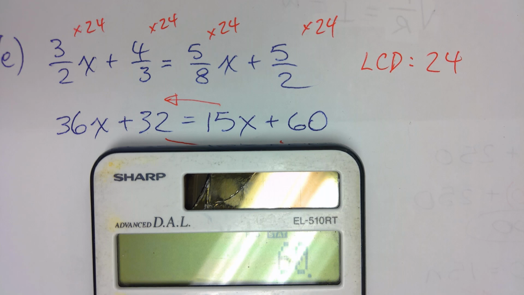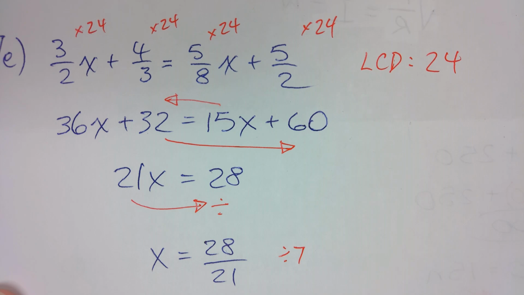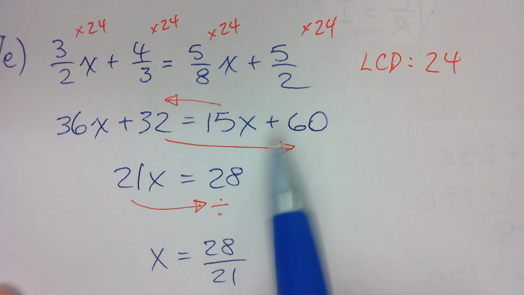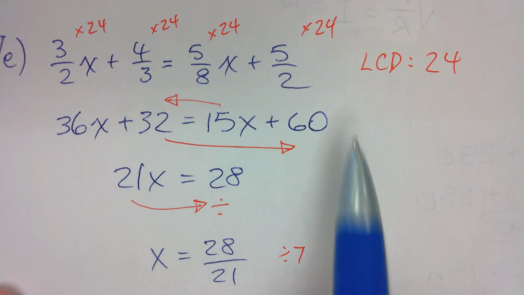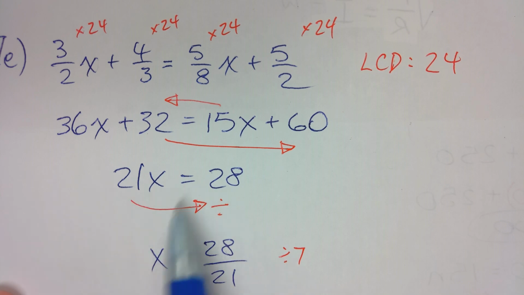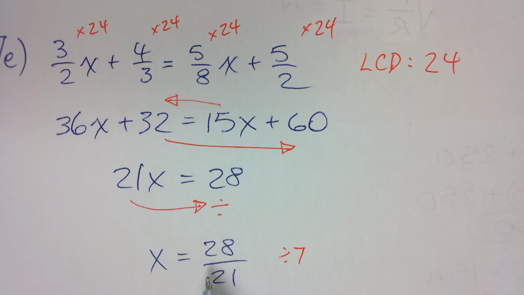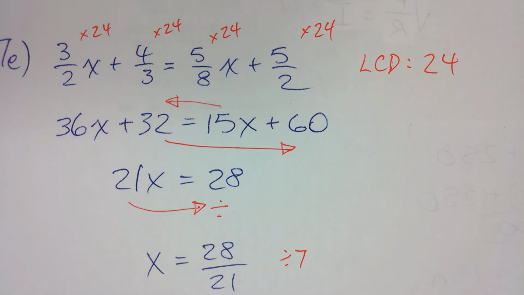When you multiply using this trick, you should always end up with a nice integer equation. And then now it's just a normal question: you move the 15x to one side, move the 32 to the other, and then you can divide. That's 21, so you get 28 over 21. Is this a good final answer, 28 over 21?